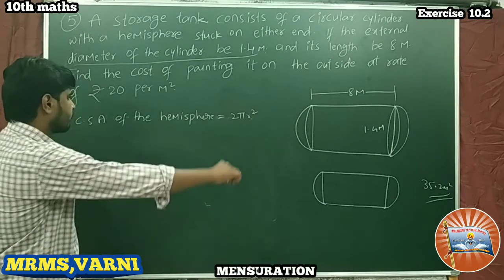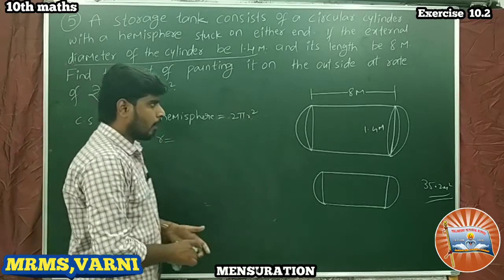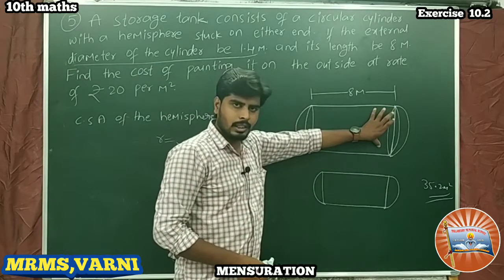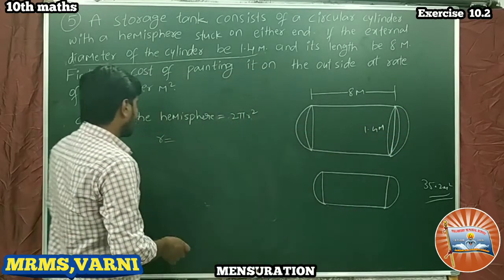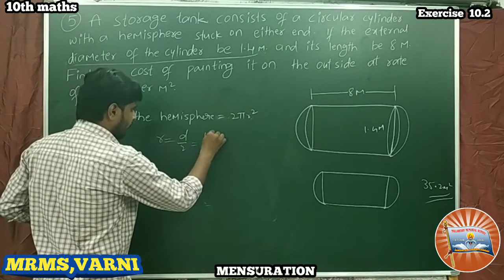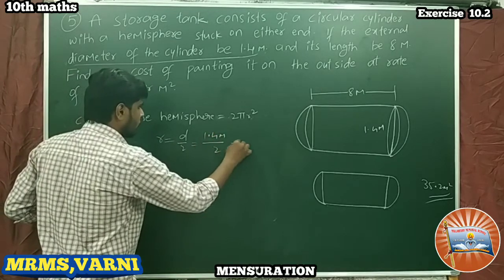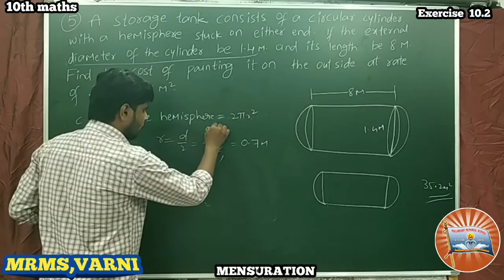The diameter of the cylinder and the hemisphere both coincide, that is why r is equal to d by 2, d is 1.4 meter by 2, this becomes 0.7 meters.